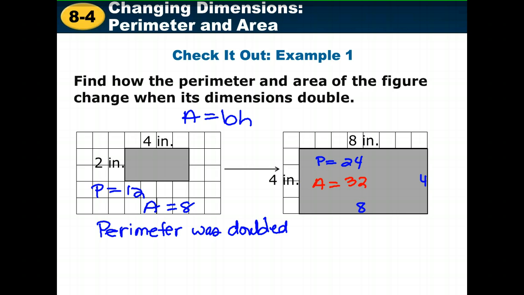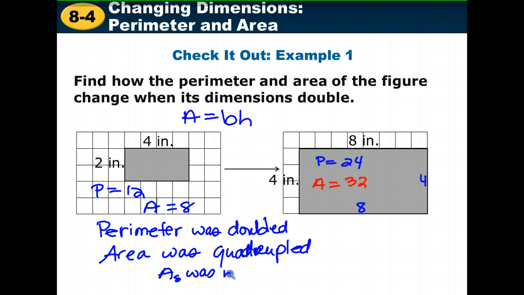Now we can see that the area was quadrupled. Quadruple means it was multiplied by 4. So the area of the small one was multiplied by 4, or it increased by 2 square units. Okay, so that'll be 2 squared.